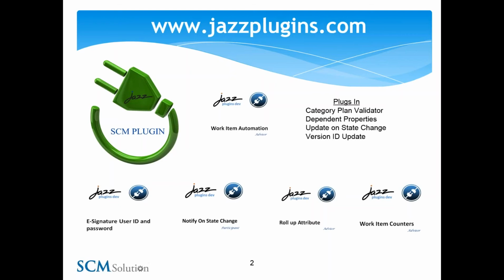That's one scenario. Or if there are important and sensitive tasks, you can ask for somebody to provide an e-signature and password before that task can be closed. So these are some of the real-world scenarios that are customizable, and SCM Solutions provides those plugins that you can install to avail those customizations.